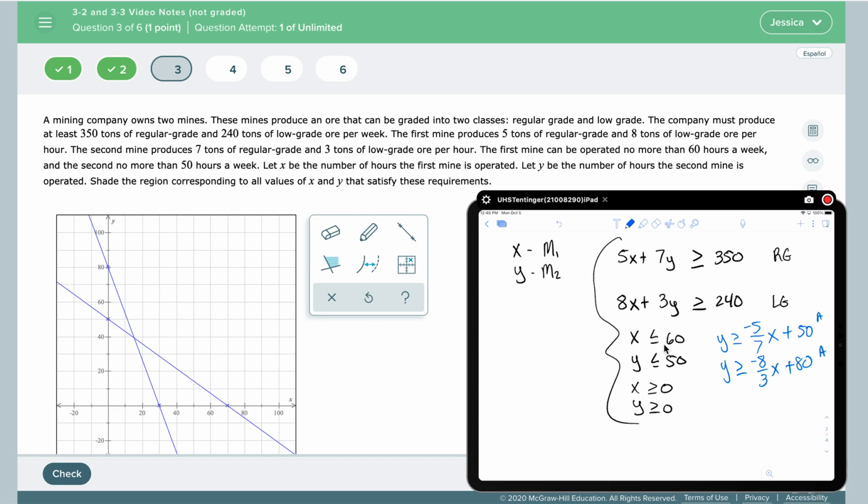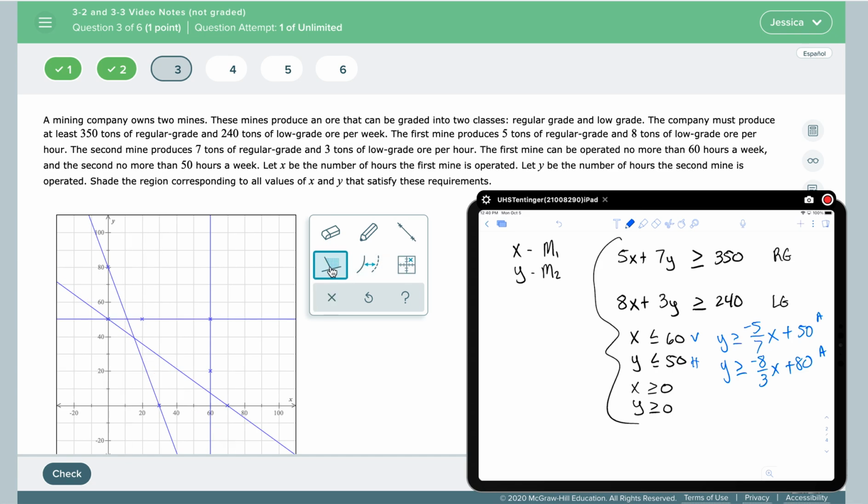So this is going to be a vertical line, and then this will give me a horizontal line. So we need a vertical line at 60 on the x, and then a horizontal line at 50 on the y.